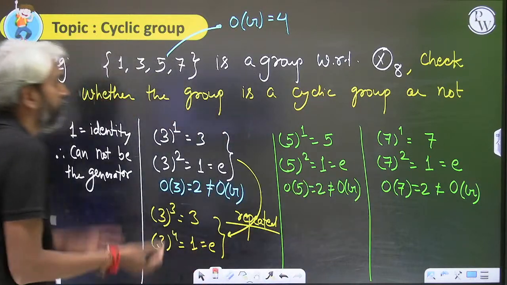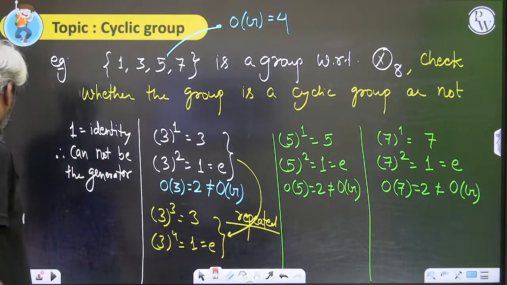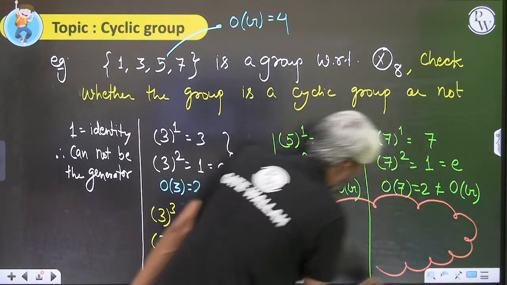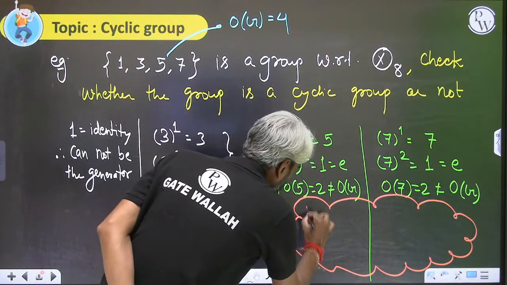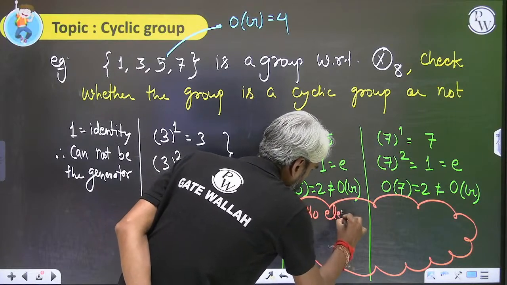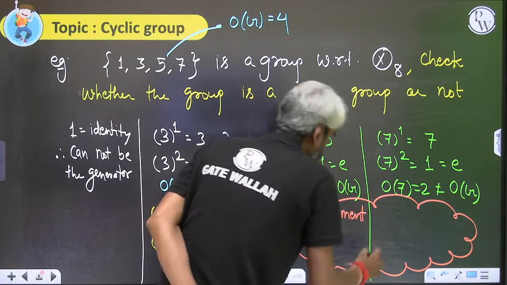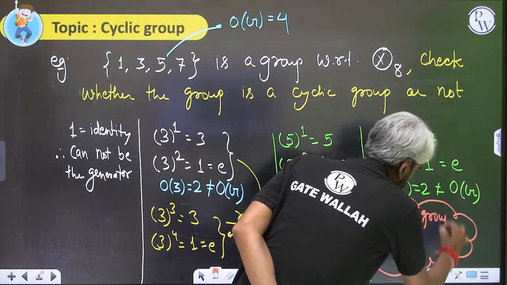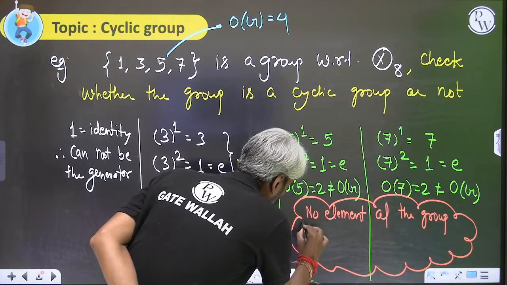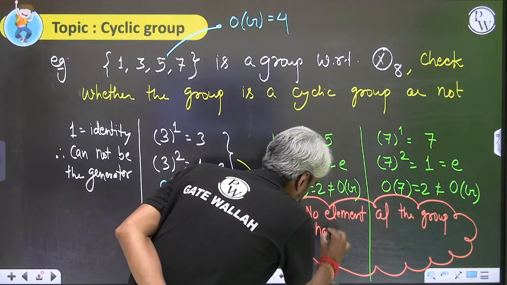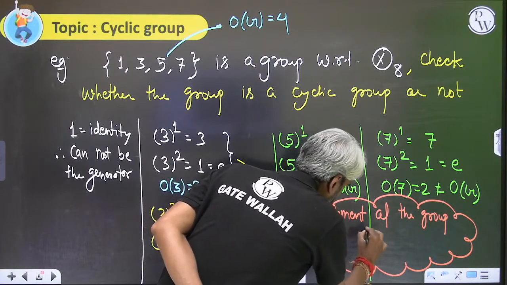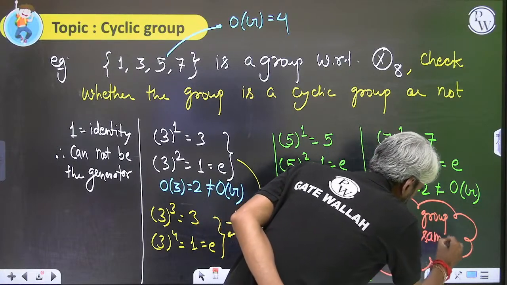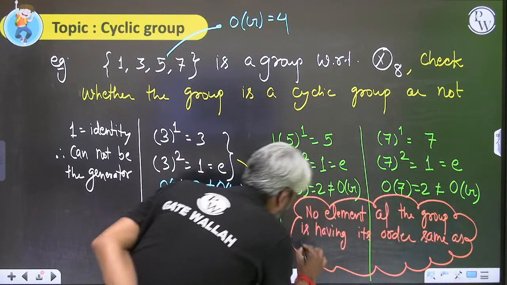So we can eventually write down here: no element of the group has its order the same as the order of the group.